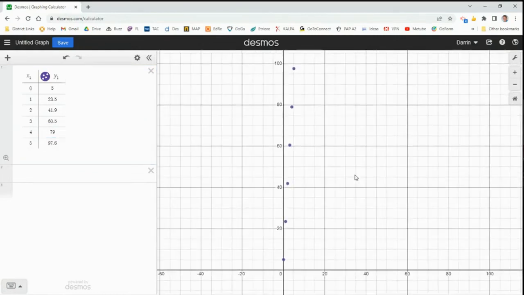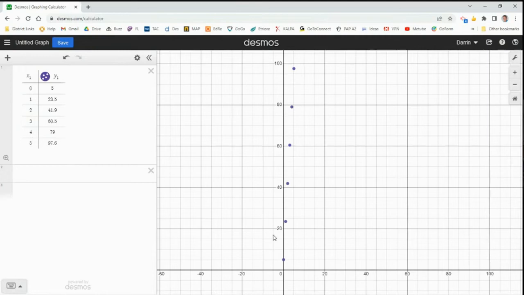So looking at that data, what kind of line does that look like it's representing? Seeing our dots on the screen and our data, this goes up 18.5, that goes up 18.4, that goes up 18.6, that goes 18.5. It's looking pretty linear.